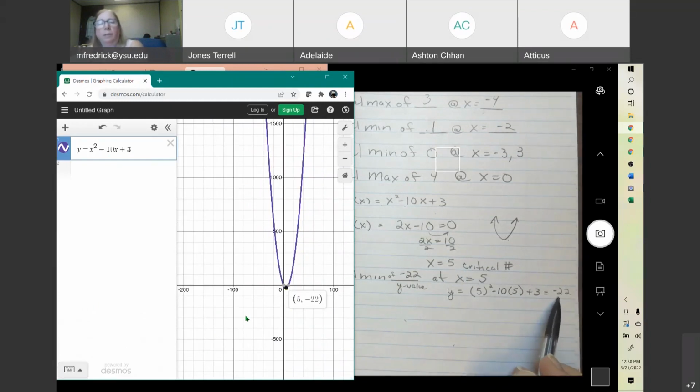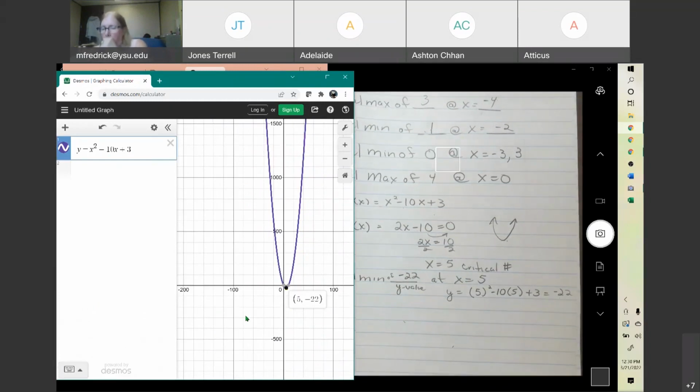Five, negative 22. Excuse me. And we know it's a minimum because the lines on each side of it are higher. Any questions on that?